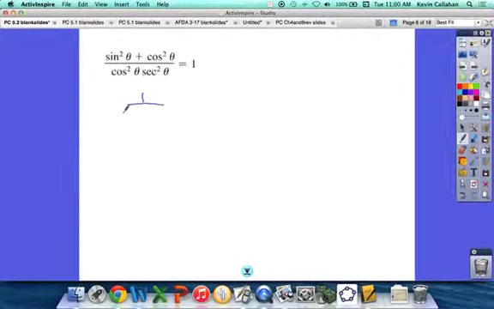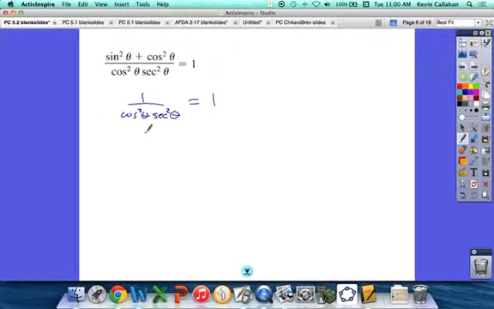1 over cosine squared theta, secant squared theta. Then what? Yeah, I mean, this secant squared, which is already in the denominator, is 1 over the cosine squared. So it's going to cancel with the cosine squared.